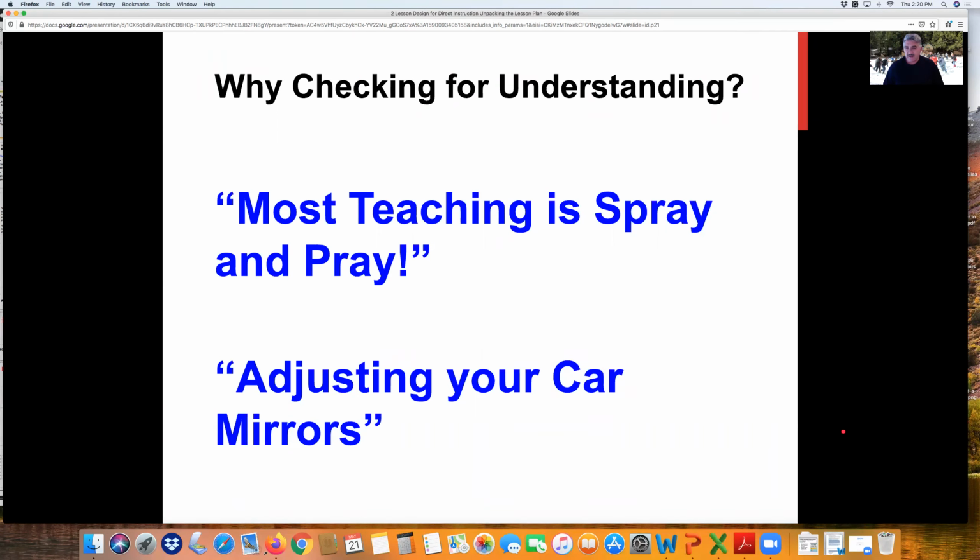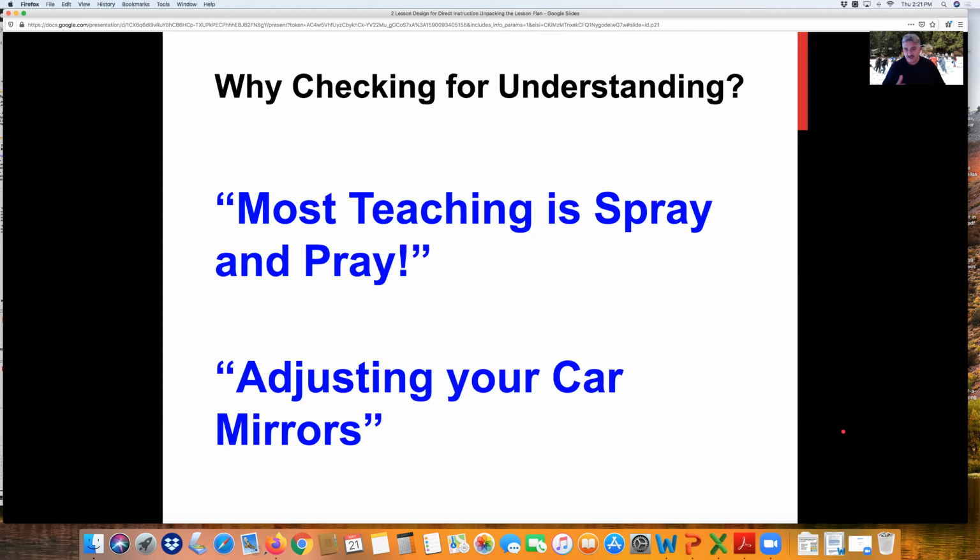Checking for understanding really allows you to take the pulse of the kids' learning and truly whether they're understanding it. In Wiggins and McTighe's book, there's a whole chapter called Understanding Understanding, which is really a pretty deep question. What does it really mean for students to understand? Well, if you don't have a variety of strategies, a variety of techniques, it's really hard to know whether students are internalizing the concepts you're teaching.